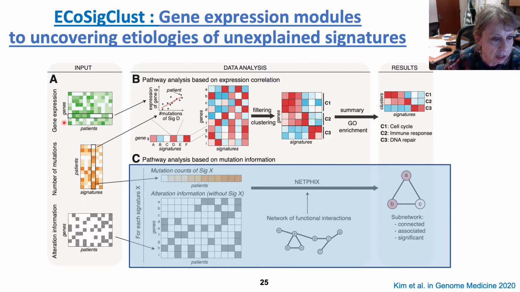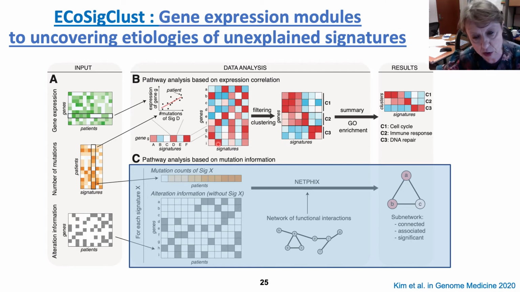So now for any gene and for any signature, we can consider the correlation of the signature strength and the expression. This allows us to build this genes by signatures matrix where each entry corresponds to the correlation of a given signature with the expression of a given gene.